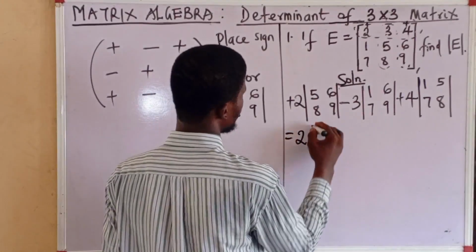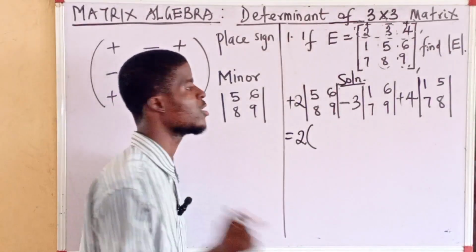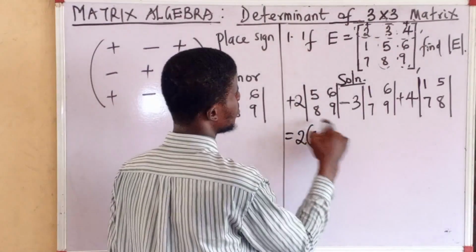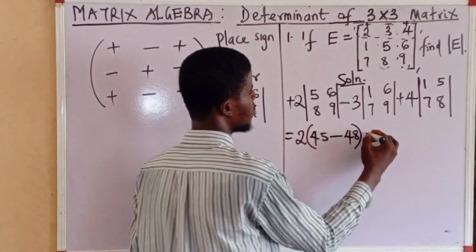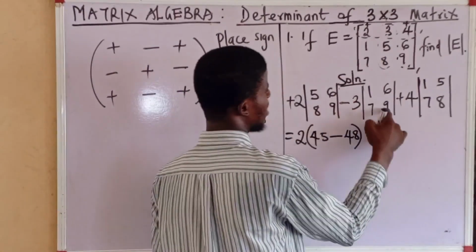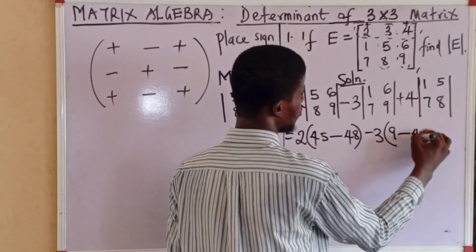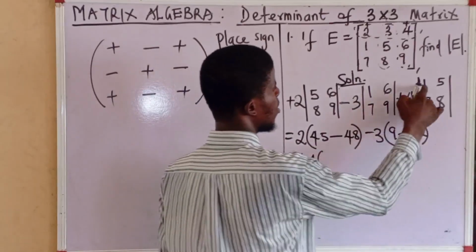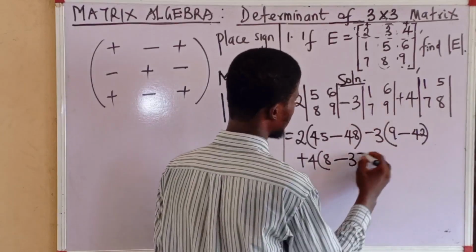This is 2 in bracket, the determinant of a 2 by 2 matrix. Remember that. 5 times 9, 45, minus 8 times 6, which is 48, minus 3, bracket, 1 times 9 is 9, minus 7 times 6, that's 42, plus 4, bracket, 1 times 8 is 8, minus 7 times 5, 35.